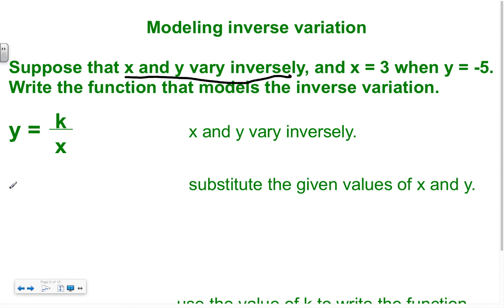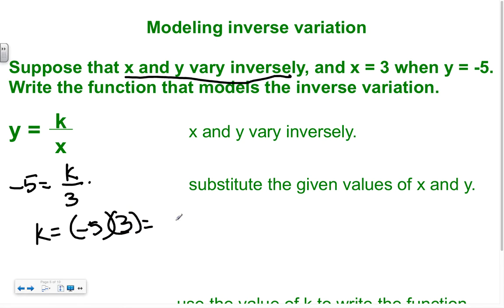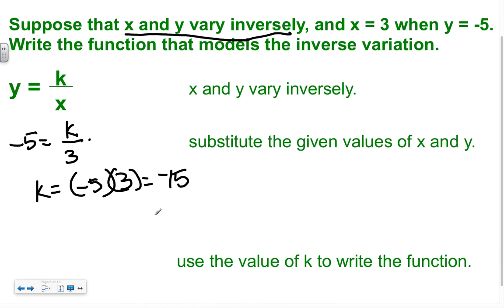So it's telling us that y is -5 and that x is 3. We can solve for k now, so multiply both sides by 3, and therefore k is equal to -5 times 3, which is -15. And then we'll just plug that -15 back in for k, and therefore get y is equal to -15 over x.